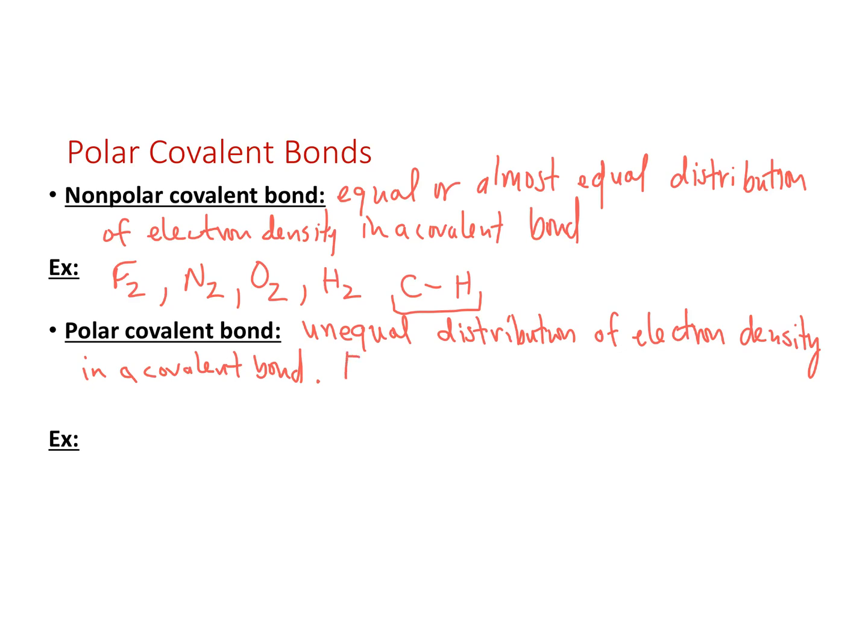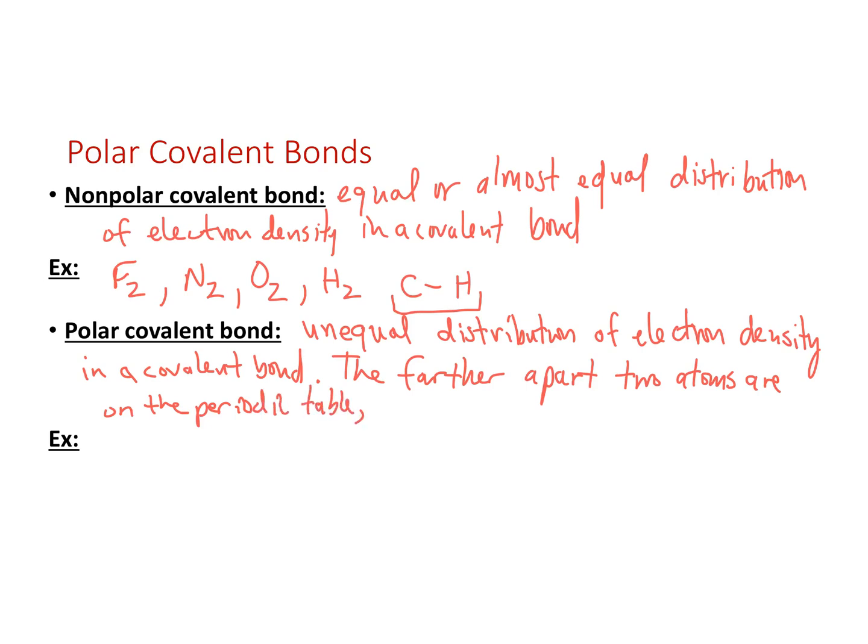In general, the farther apart 2 atoms are on the periodic table, the more likely it's a polar covalent bond.